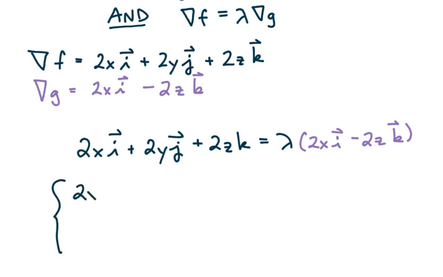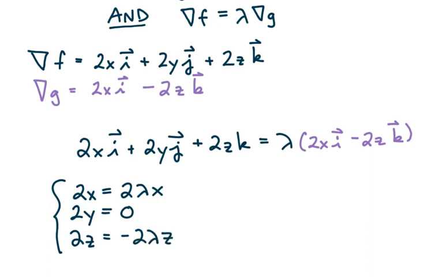And I'm going to end up with 2x equals 2 lambda x, 2y equals 0, and positive 2z equals negative 2 lambda z.